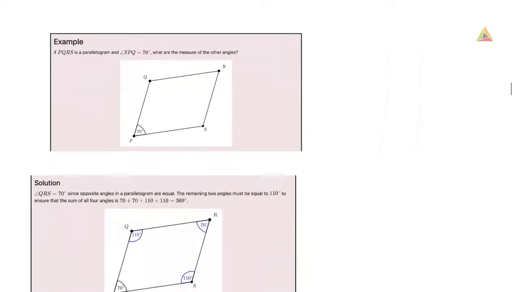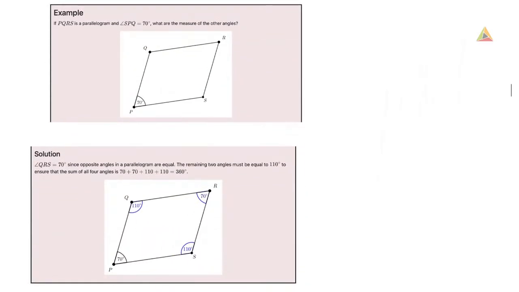So another example here. If PQRS is a parallelogram and the angle SPQ is 70 degrees, which you can see on the diagram there, what is the measure of the other angles? Well, if the angle SPQ, which is this one here, is 70 degrees, that means that this angle here is also going to be 70 degrees because the rule is opposite angles in a parallelogram are equal.